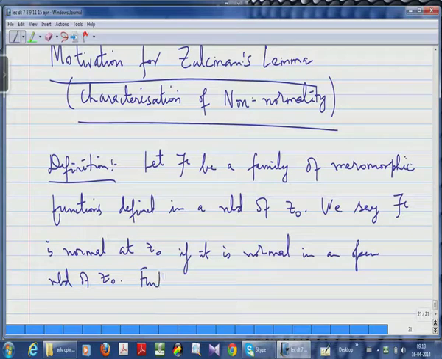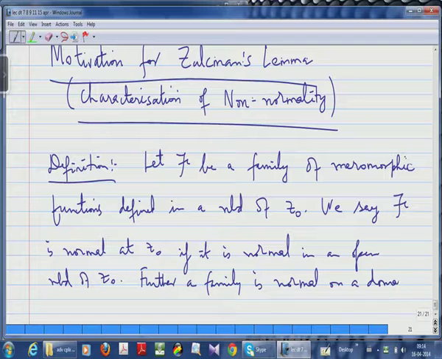Further, a family is normal on a domain if and only if it is normal at each point.